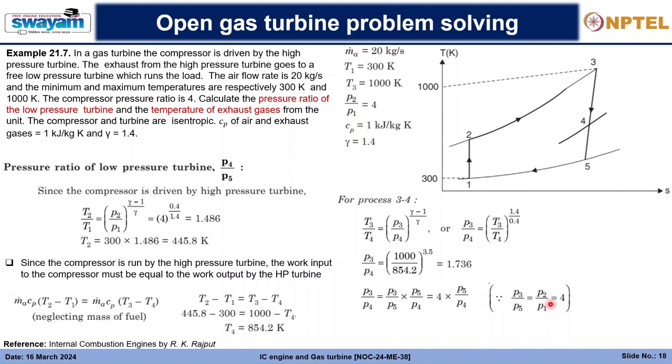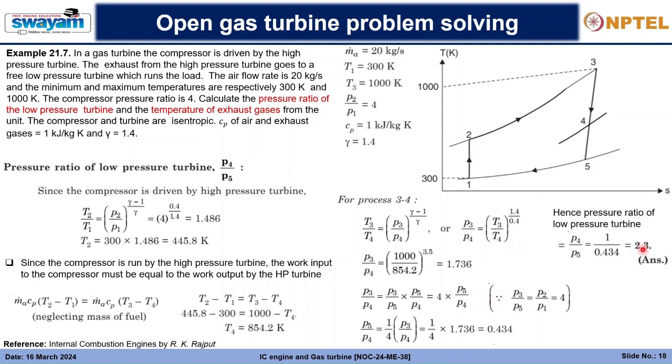Now P5 by P4 equals 1 by 4 into P3 by P4, which is 1 by 4 into 1.736, that is 0.434. So P5 by P4 is 0.434, and the reverse will give the pressure ratio of the low pressure turbine, which is equal to 2.3. So the pressure ratio of the low pressure turbine, the answer to the first question, is 2.3.